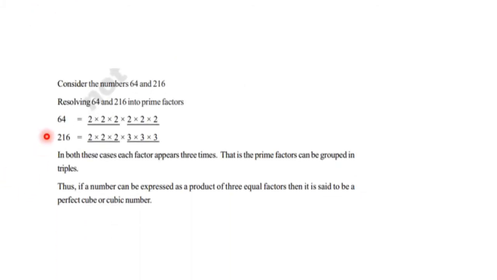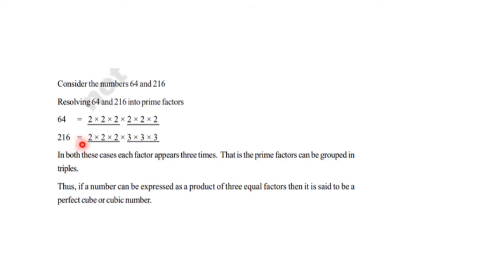Consider the numbers 64 and 216. Resolving 64 and 216 into prime factors, 64 is equal to 2 into 2 into 2 into 2 into 2 into 2. 2 2s are 4, 4 2s are 8, 8 2s are 16, 16 2s are 32, 32 2s are 64. Like this, 216 also you can prime factorize.